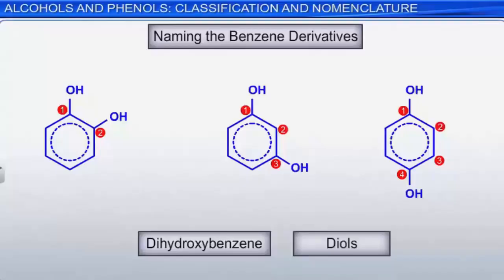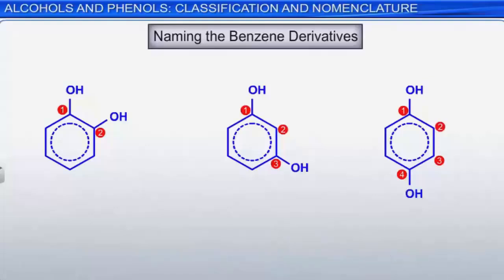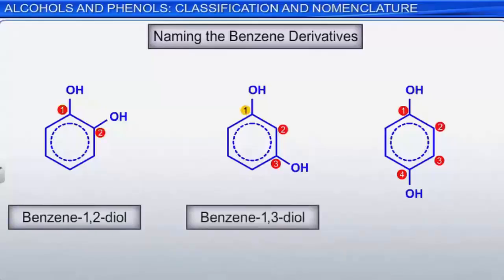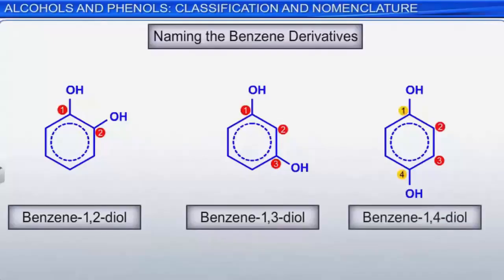Numbers give the locations of the hydroxyl groups. Shown here are 3 examples from left to right. They are benzene 1,2-diol, benzene 1,3-diol, and benzene 1,4-diol.